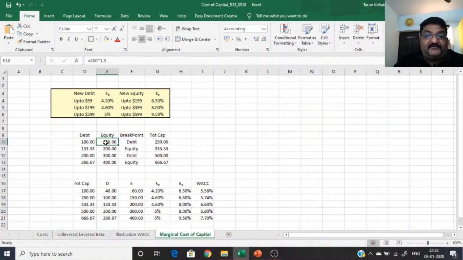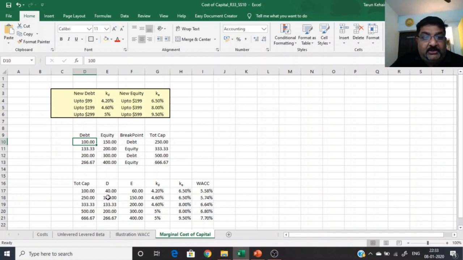Now, the way we are going to find out the break-even points is, if you look here, up to $99 is 4.2. So that means the moment the debt increases to $100, the cost of debt will change. So this is the first break point, not break-even, break point. The first break point, therefore, is $100 of debt.